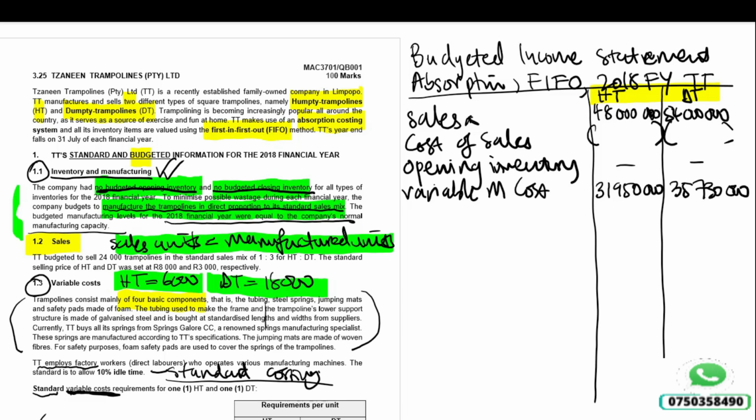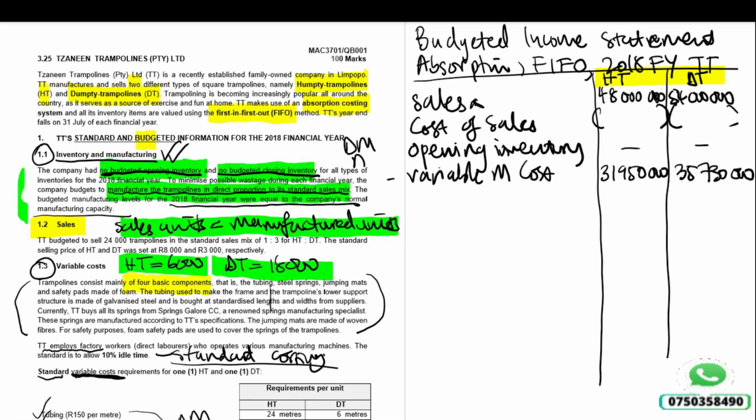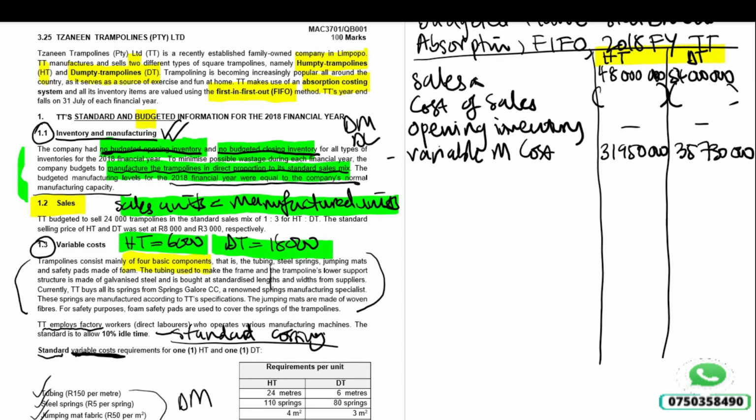Okay, so I've done the variable manufacturing cost. This amount includes direct material, as you can see. It includes direct labor. It also includes variable manufacturing overheads. So all these three elements have been included in one amount, according to this question. You could have shown everything separately by writing tubing, steel springs, jumping mat. It's fine.